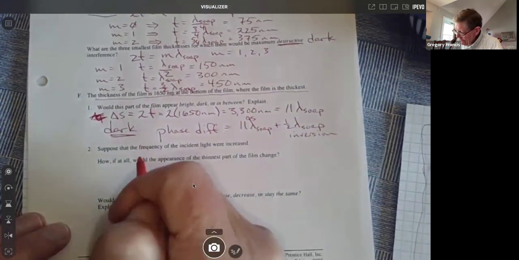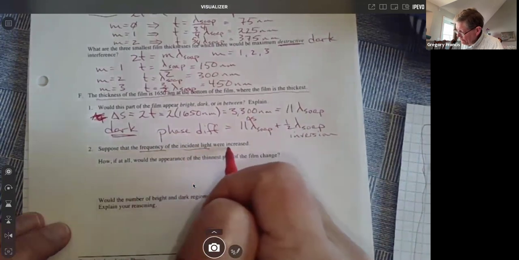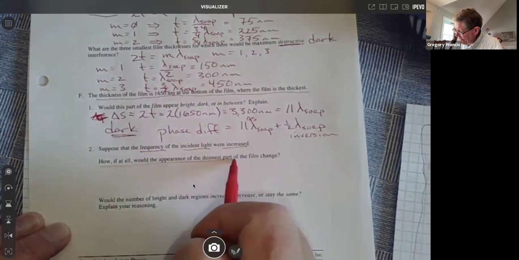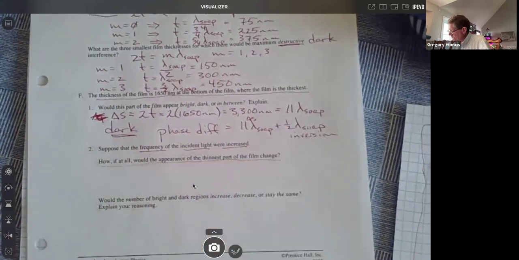Now, what if the frequency of the incident light were increased? How, if at all, would the appearance of the thinnest part of the film change? Well, there's still going to be an inversion on that first surface. And so for the thinnest part where I really don't have very much path length difference, I'm still going to have that 1/2 wavelength phase difference.